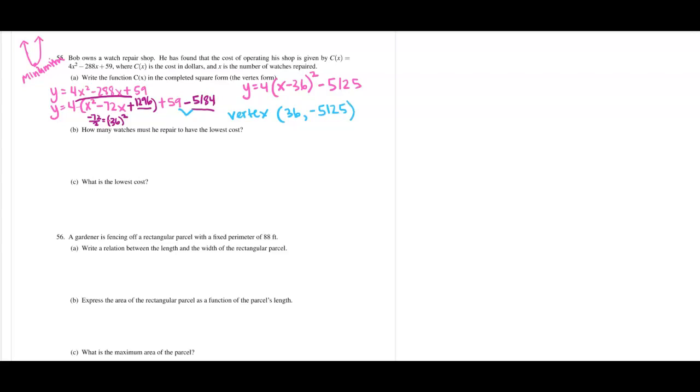Okay. So the question is, how many watches must he repair to have the lowest cost? Well, x is the number of watches repaired, and that is 36.